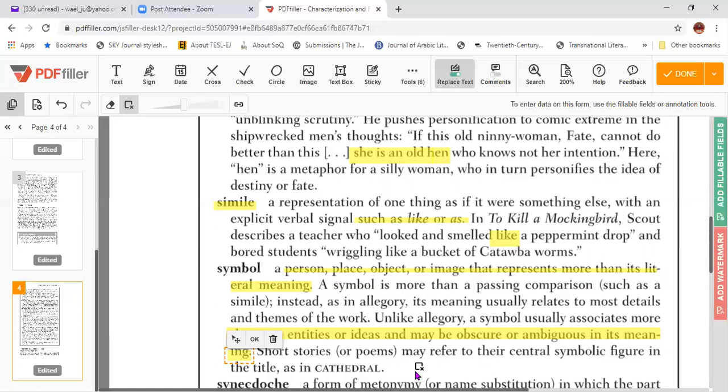Unlike symbol, allegory is a symbolized story. But in allegory, we have just one meaning, and it refers to one meaning.